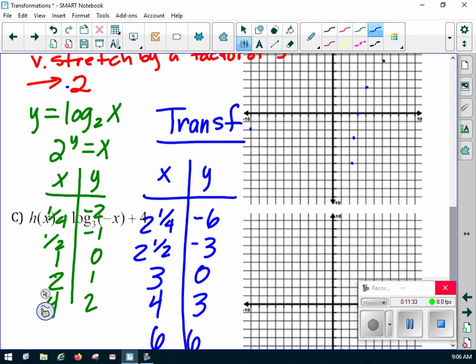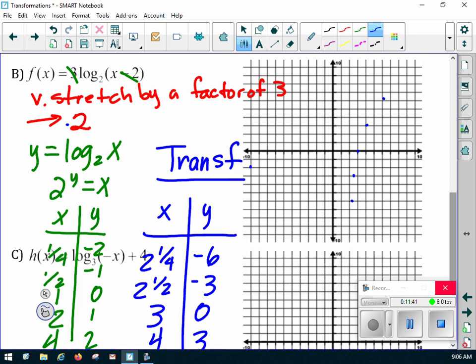Let's talk about that asymptote. That asymptote was at x equals 0. Now it's at x equals 2. So your vertical asymptote is sitting right here at x equals 2.